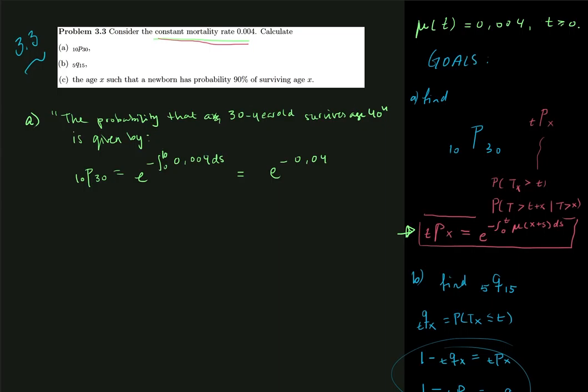So now let's go on to B, where we consider the probability, and this is a rather somber probability, but it is the probability that a 15-year-old dies within 5 years.